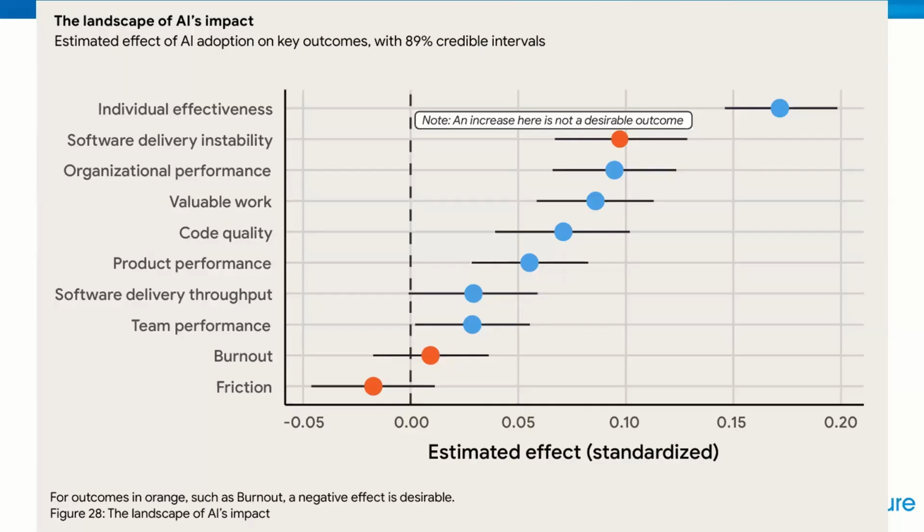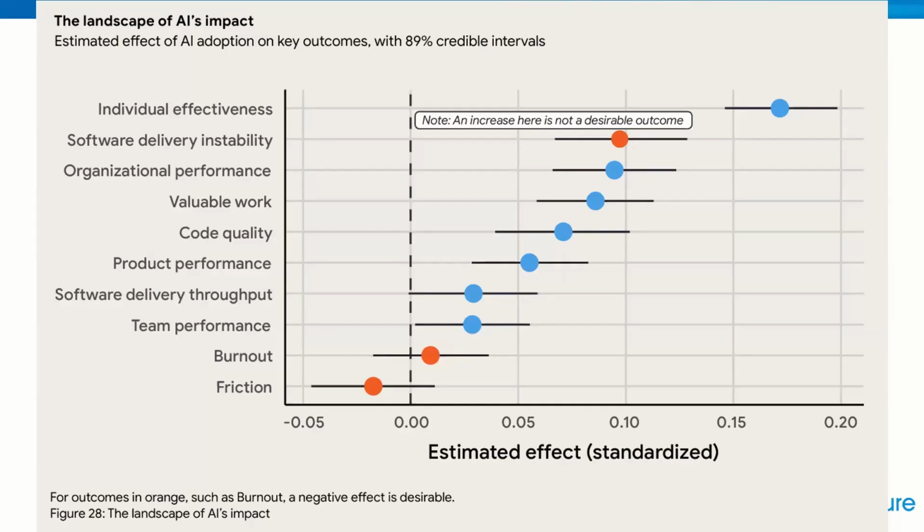Here are some changes that have been found. The blue is positive, the orange is negative, and these are the percentage changes in each area. On individual effectiveness, respondents reported that by using these AI coding tools, they're somewhere between 15% and 20% more effective.